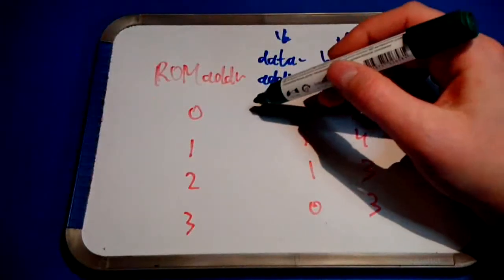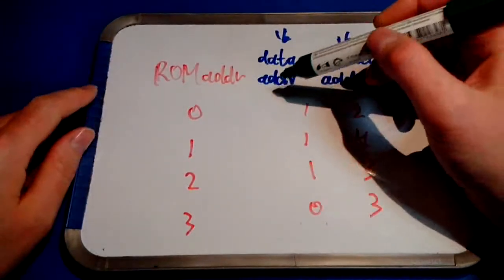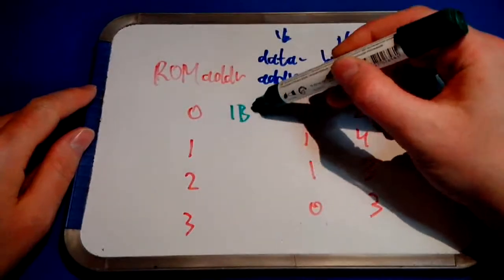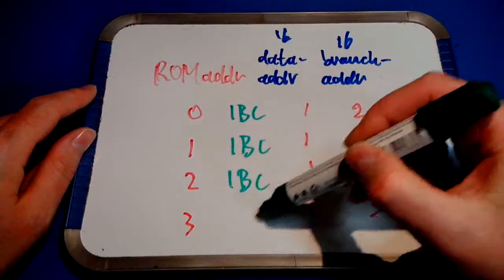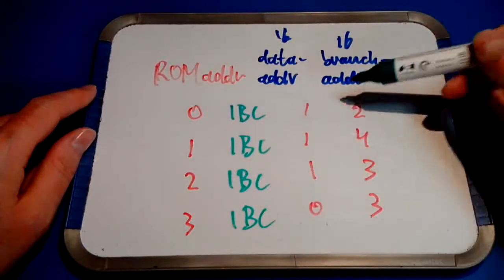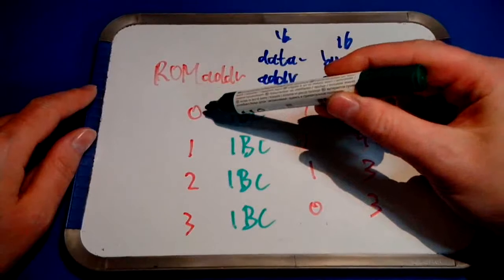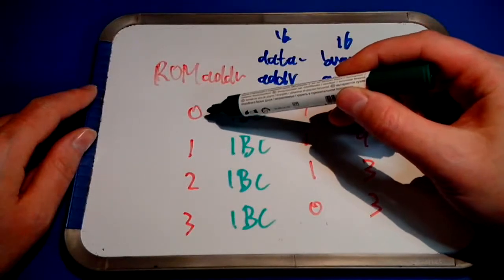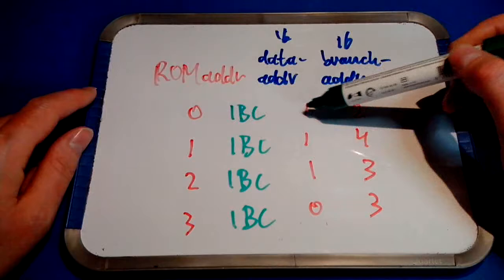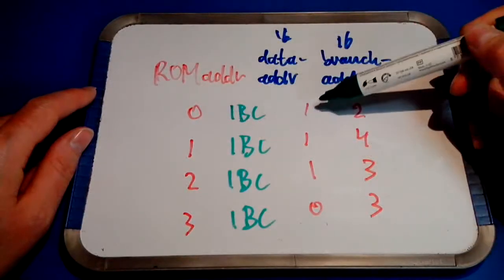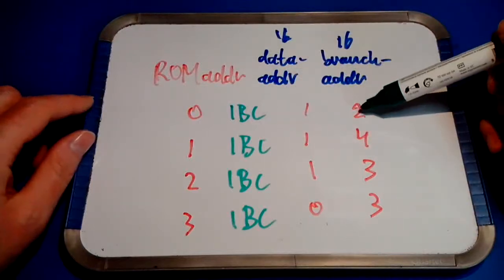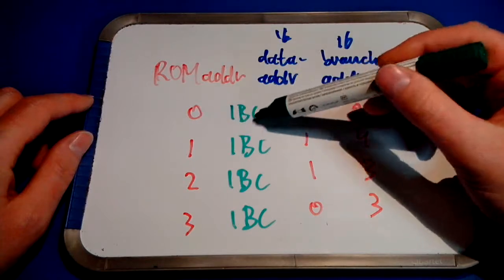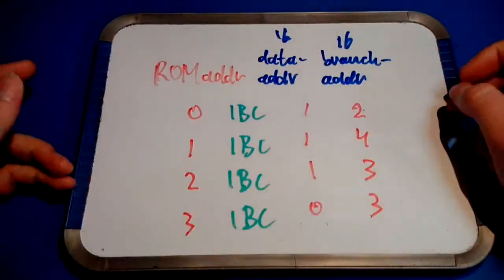Now there is only one instruction in the CPU, which is invert and branch if clear, abbreviated IBC. So let's fill it in. It's not very exciting, but now the instruction at ROM address 0 says IBC 1 2. In other words, invert the bit at data address 1, and if it is 0 after inversion, branch to program location 2. So this helps to remember what the instruction does.